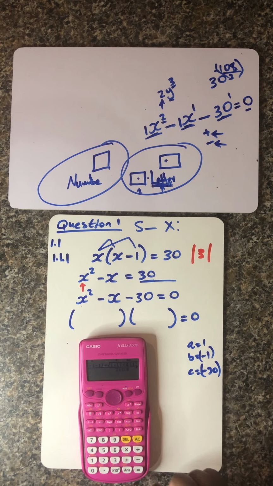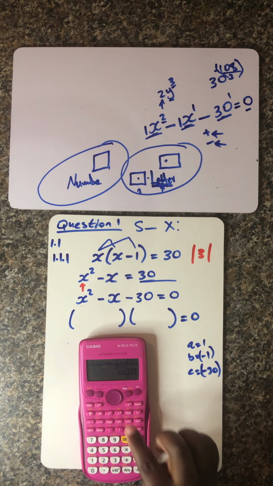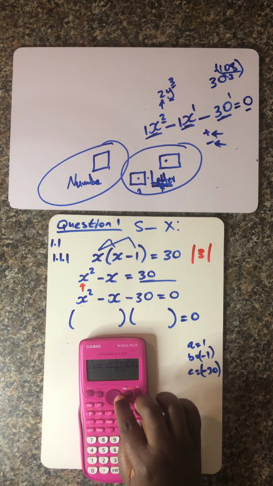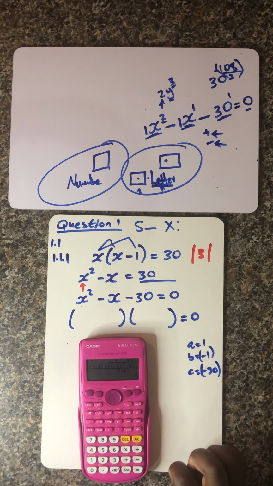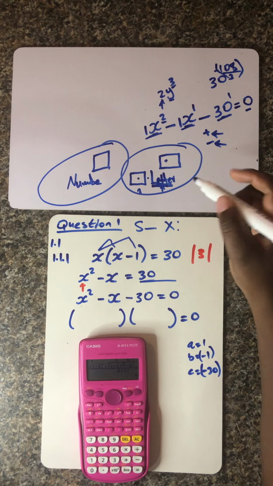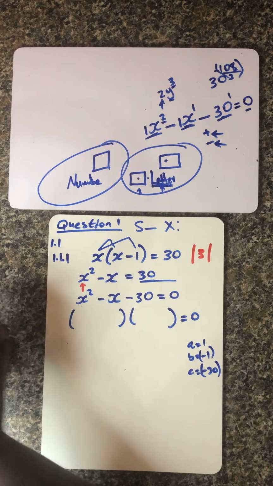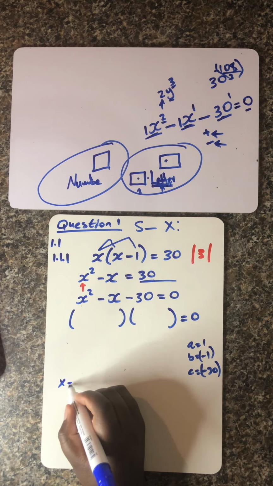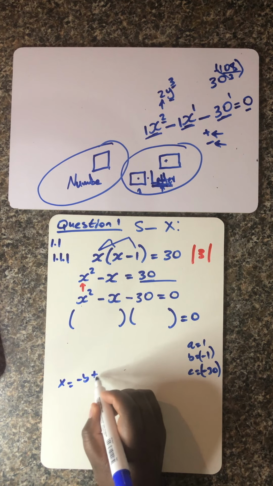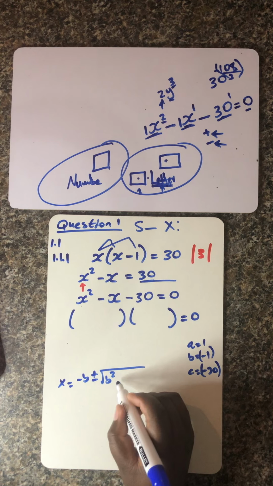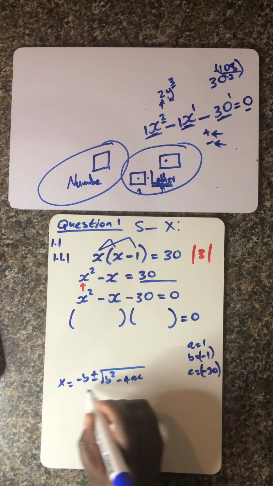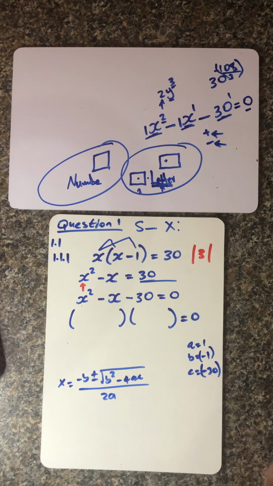I think there's something which is missing, ladies and gentlemen. It should be that squared over there. What I'm trying to say is this is how the formula looks: x is equal to -b plus or minus the square root of b squared minus 4ac, all over 2a.